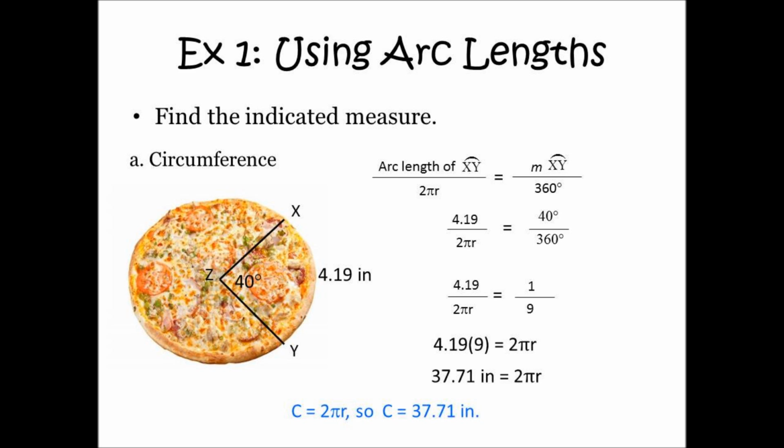After that, you can simplify 40 over 360 to 1/9. Then you can do cross product. You'll get 4.19 times 9 is equal to 2 pi r. That will equal 37.71 inches is equal to 2 pi r. Circumference equals 2 pi r, so C equals 37.71 inches.